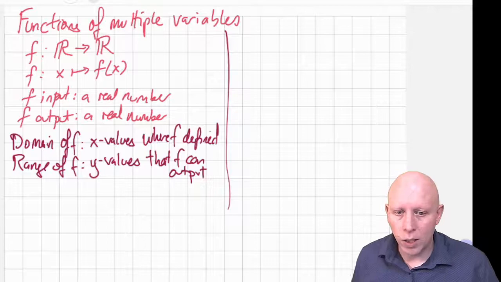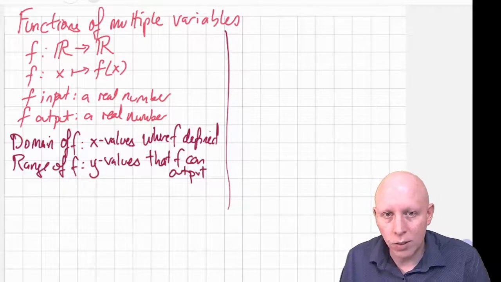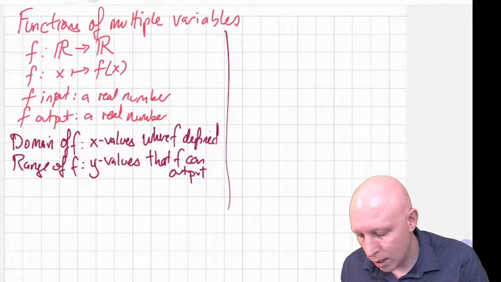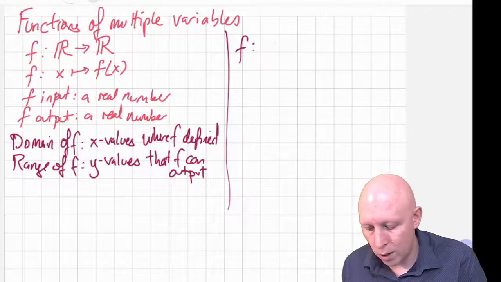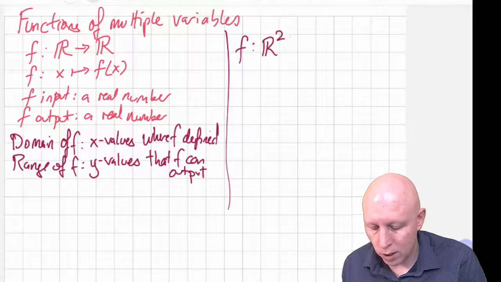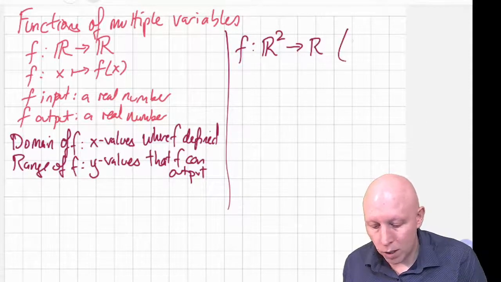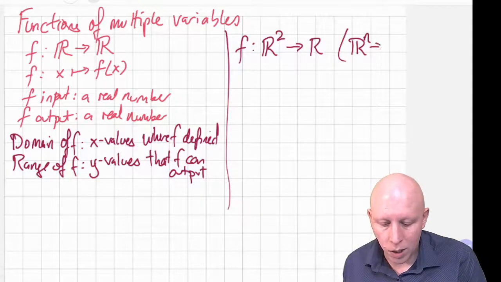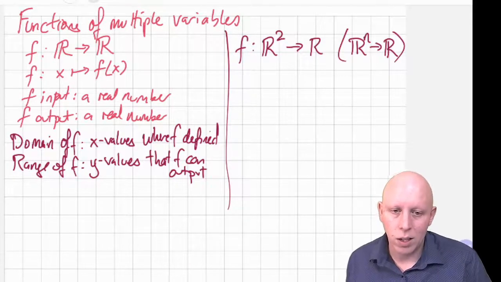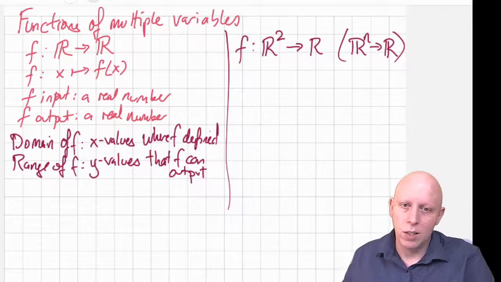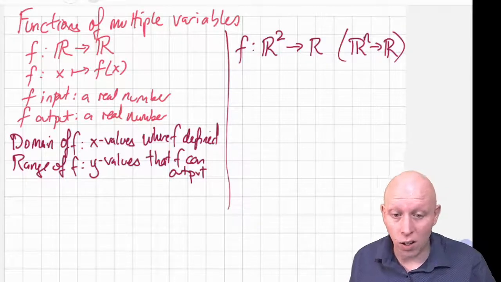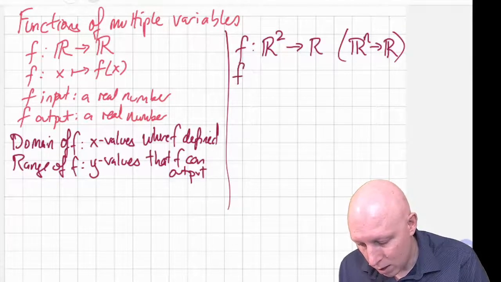So what we're going to talk about now is functions of several variables. Those might look like this, a function from R2 into R. But we're also going to think a little bit about the case of a function from Rn to R. What does that look like?